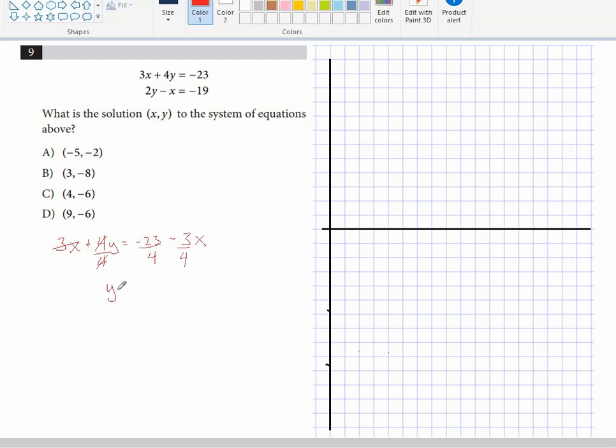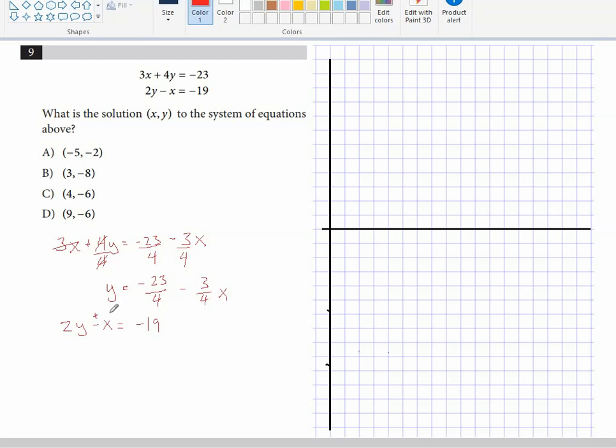And so you have one line which is y equals negative 23/4 minus 3/4 x, and this one, 2y minus x equals negative 19.